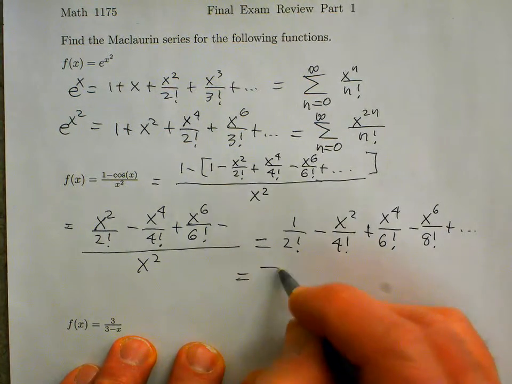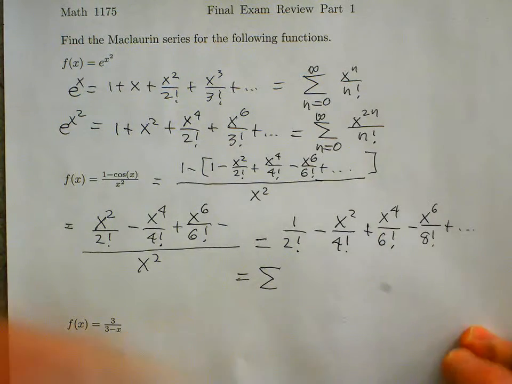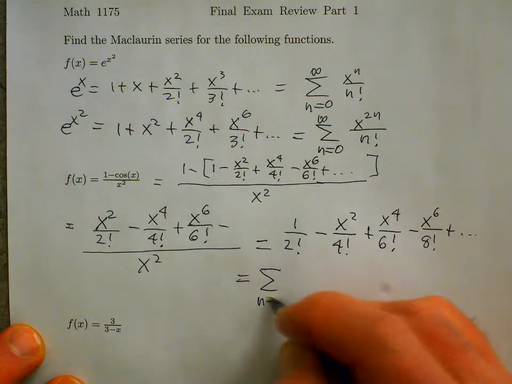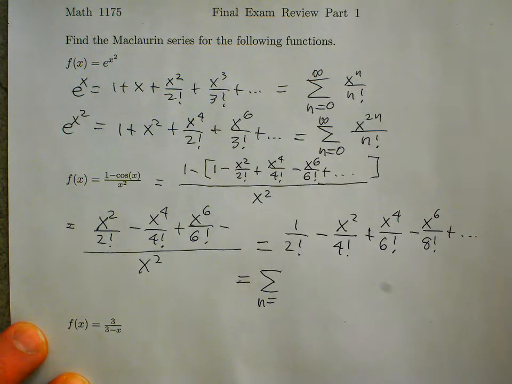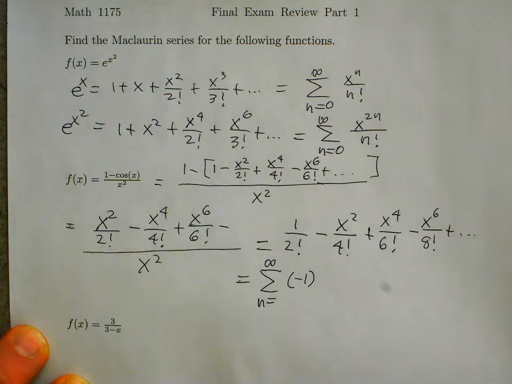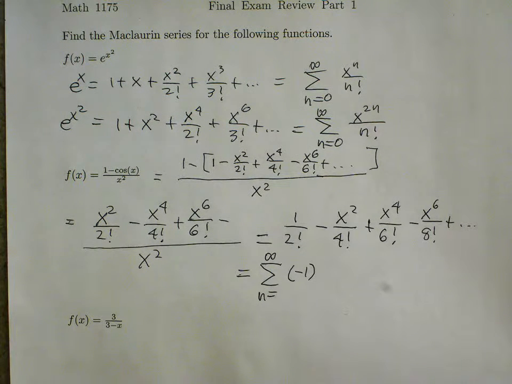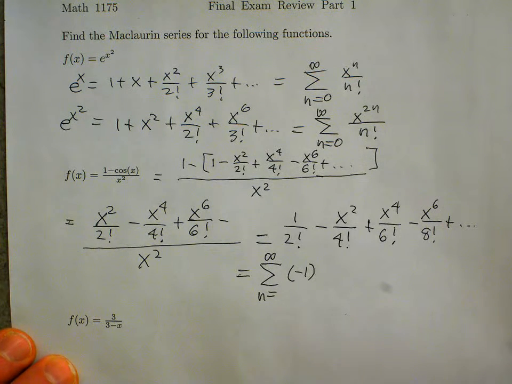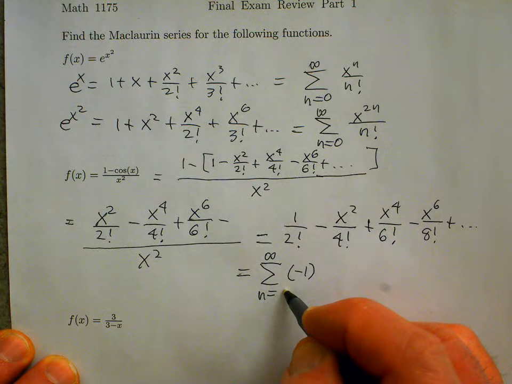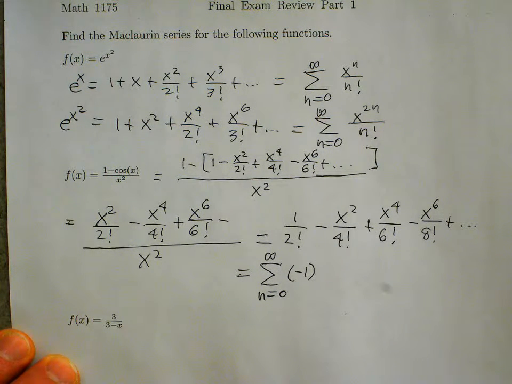So let's try to get it into sigma notation. So we know it's alternating. So where should we start n? We can start it any way we want. Sometimes it's easier starting it at one number or another.